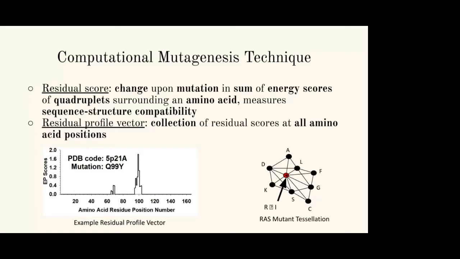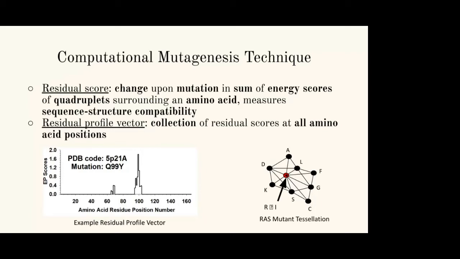But that's just looking at a single amino acid in a single mutation to the RAS protein structure, right? So to combine the information for every single amino acid inside that structure, we had to generate a residual profile vector, which was a very comprehensive vector that contained all the different residual scores at every single amino acid position.